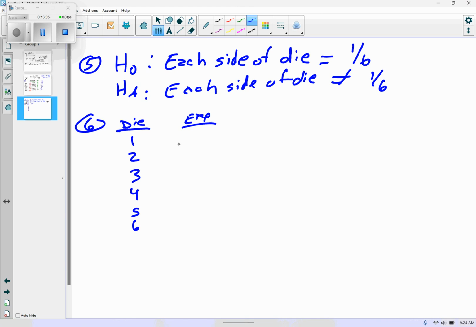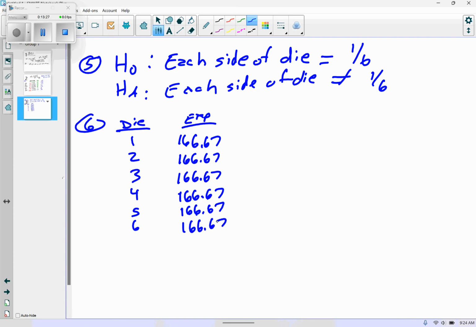So we are expecting 166.67. Now you're going to ask, how did I roll a 0.67 of a die roll? Well, I guess you didn't, but this is the expected.